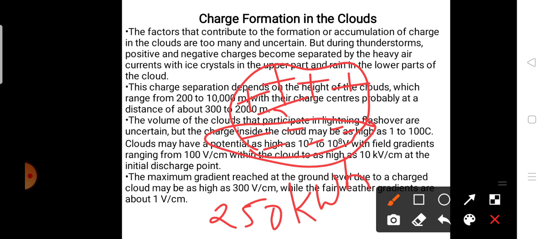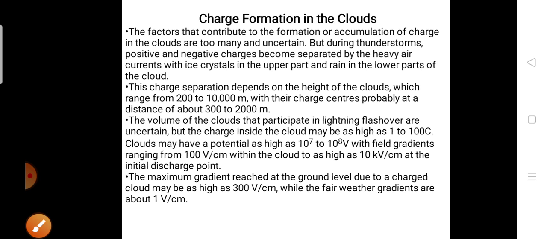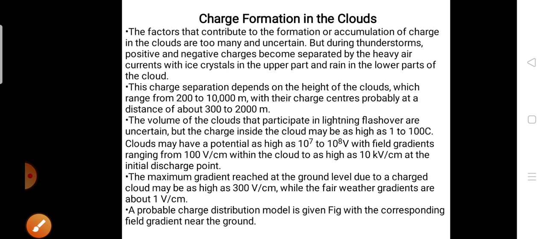As I said, the maximum gradient reached is 300 volts per centimeter. A probable charge distribution model is given in the figure.